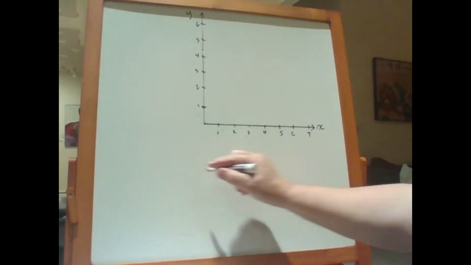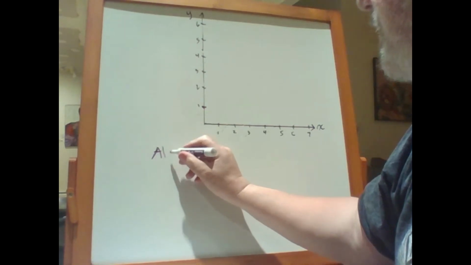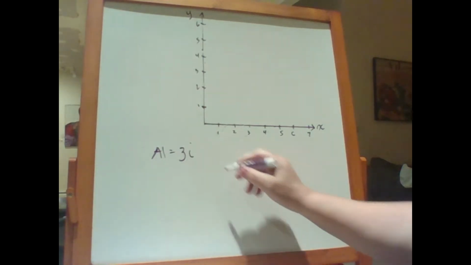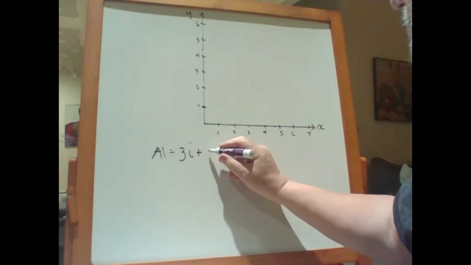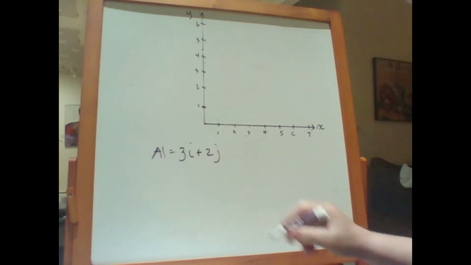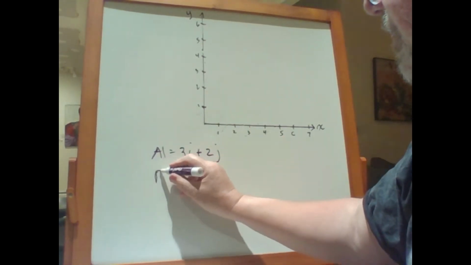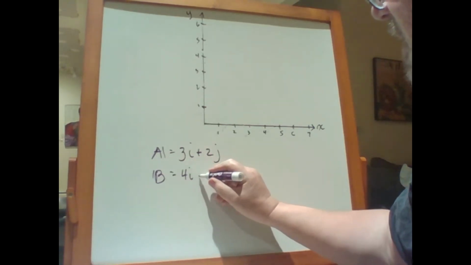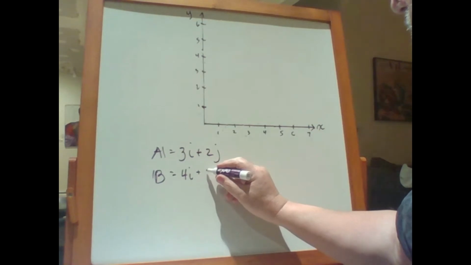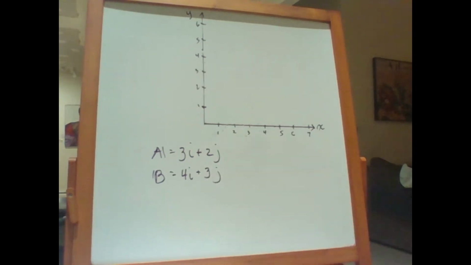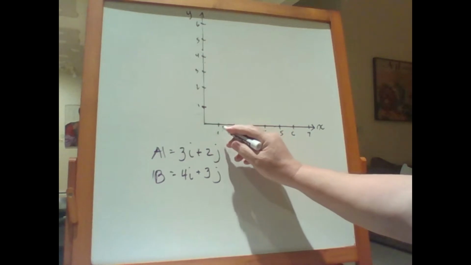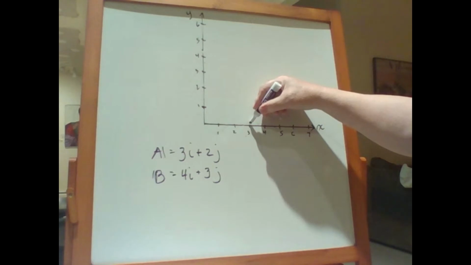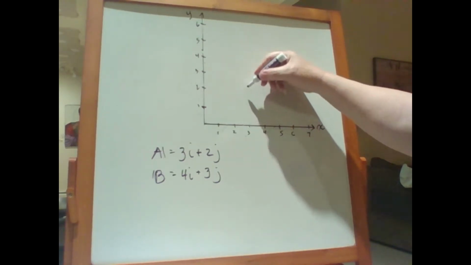Okay, so let's say A was equal to 3i plus 2j, and B was equal to 4i plus 3j. Okay, so we go 1, 2, 3 in this direction, and we go 1, 2.